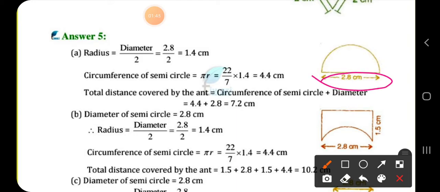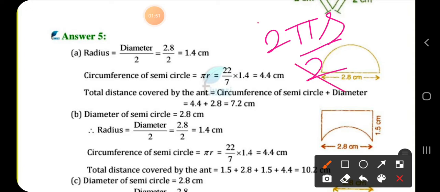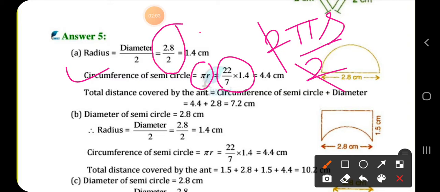That is given, 2.8. And the circumference of a semicircle is 2 pi r divided by 2. The 2s cancel out, so the circumference of a semicircle is equal to pi r. Pi is equal to 22 by 7, and what is r? r is equal to half of the diameter, that is 2.8 divided by 2, that is 1.4.